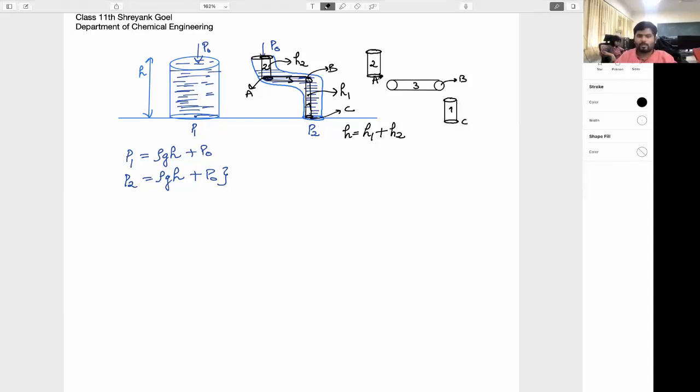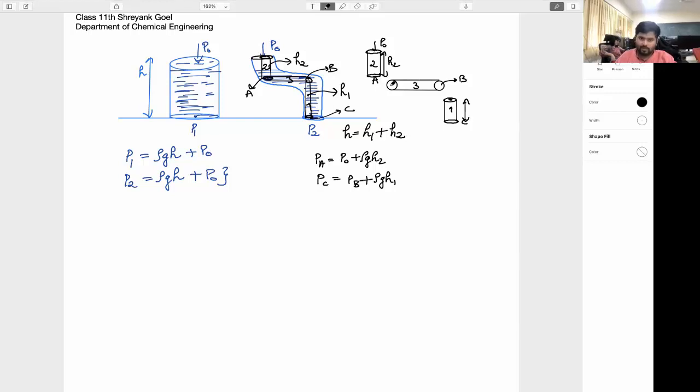So we need to find out the pressure at A. PA is P naught plus rho g H2. PC is PB plus rho g H1.